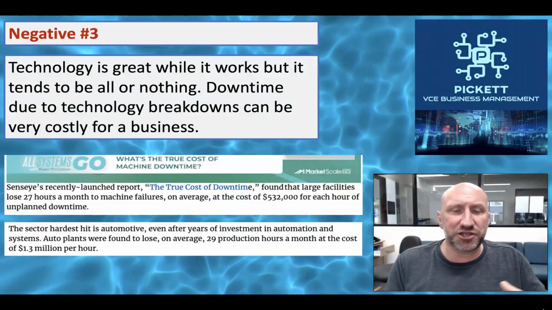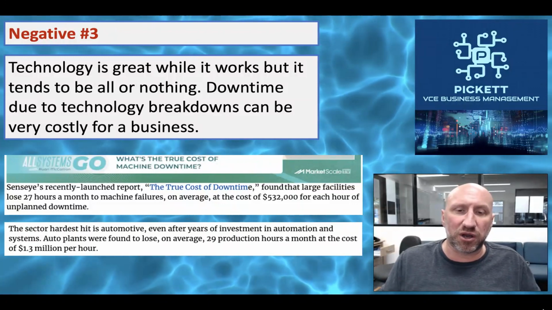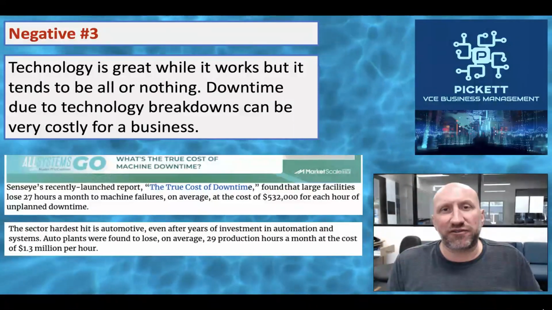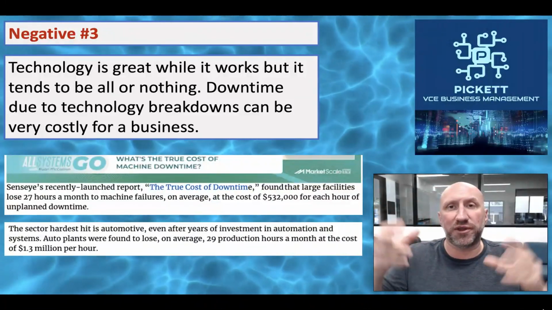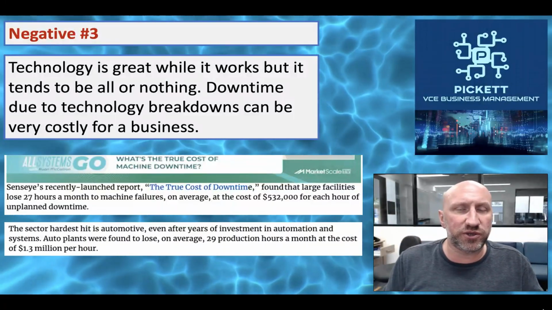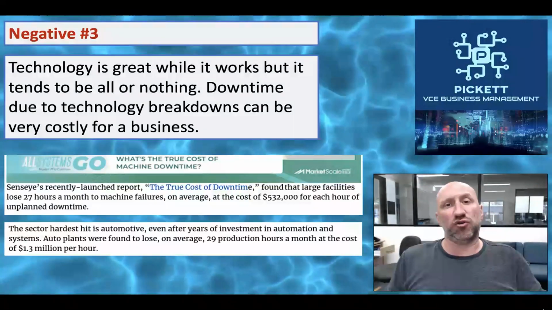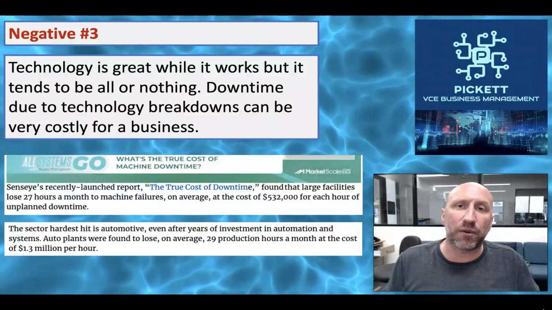It talks about the cost to businesses when machines break down or go offline. You can see automotive production lines, like those yellow robots we saw earlier, are hugely expensive to install and very, very complex. If something goes wrong there, the cost can be over $1 million per hour.